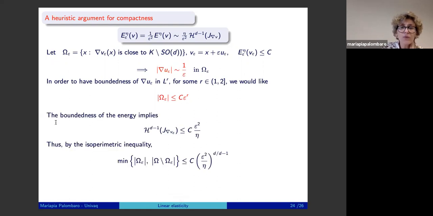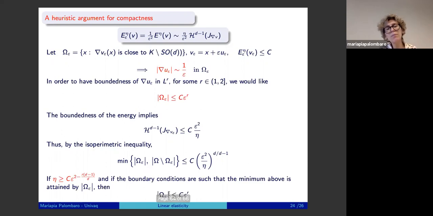Well, now the boundedness of the energy implies that the measure of this jump set, this is all approximate, okay, is bounded by this quantity, epsilon squared divided by epsilon. And by applying the isoperimetric inequality, we obtain that the minimum between the measures of the bad set or of its complement is bounded by this power of epsilon squared over eta.